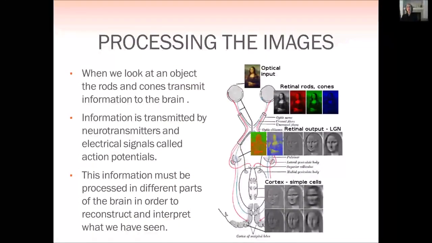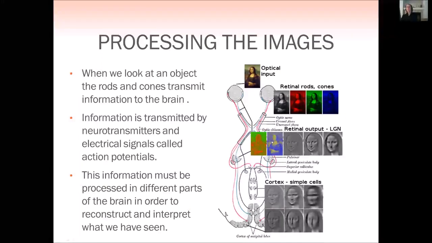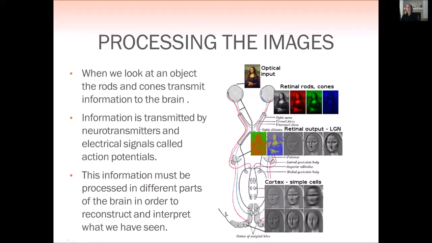Now, when we look at an object like this picture of the Mona Lisa, here we have the rods and cones of the retina. So the cones are picking up red, green, and blue aspects of color here, whereas the rods pick up a black and white image.